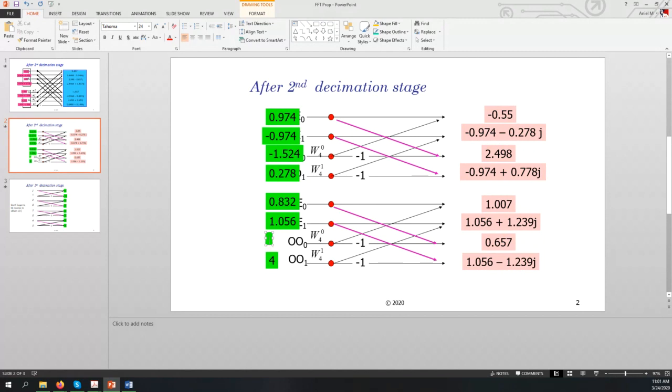OO naught will be 0.175. And OO1 will be negative 1.239. So the same simultaneous equations that you'll be using throughout, because you're just watching how the butterfly diagram is mapped, and I'll just be using the simultaneous equations to solve for each one of those terms on the left-hand side accordingly.